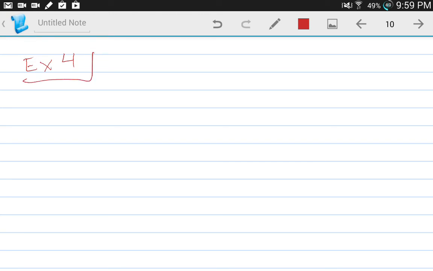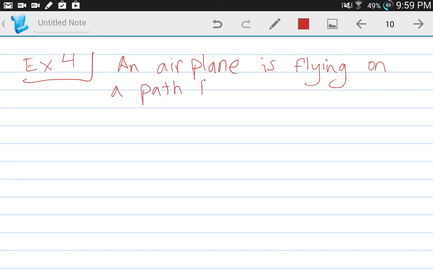So we'll do something like an airplane. This is an example from your guys' book. An airplane is flying on a path that will take it over a tracking station.